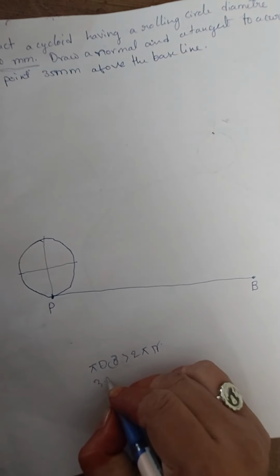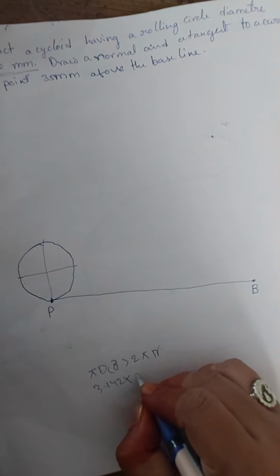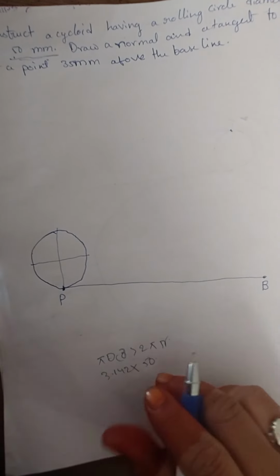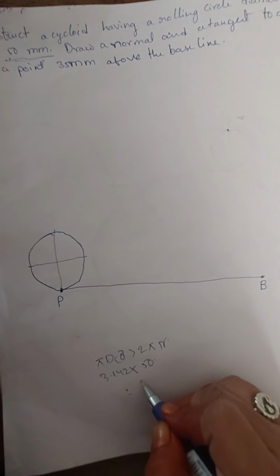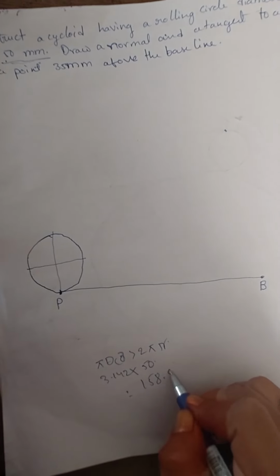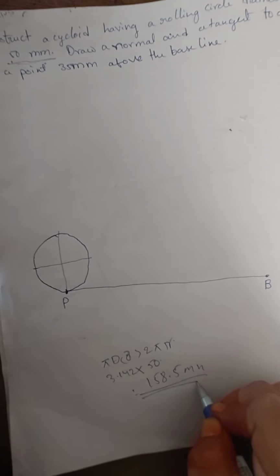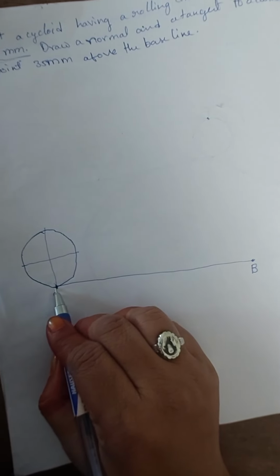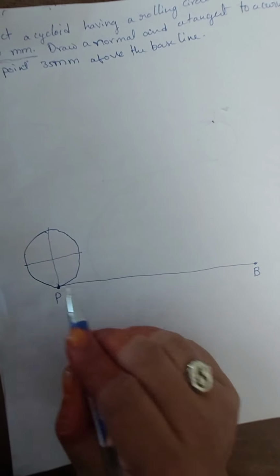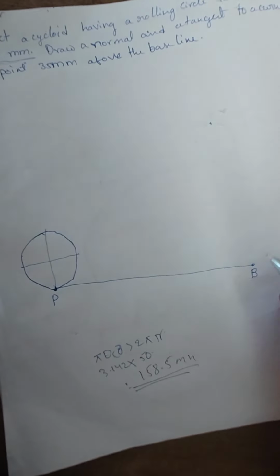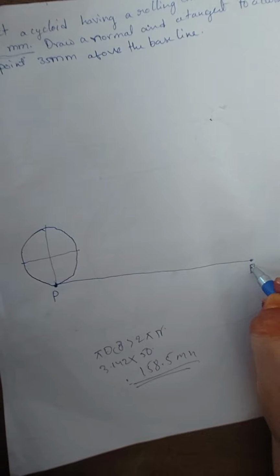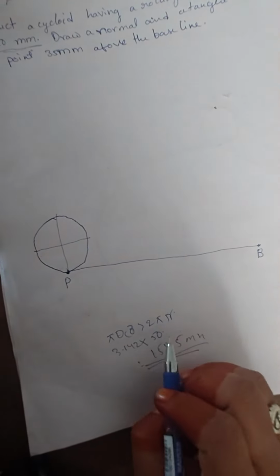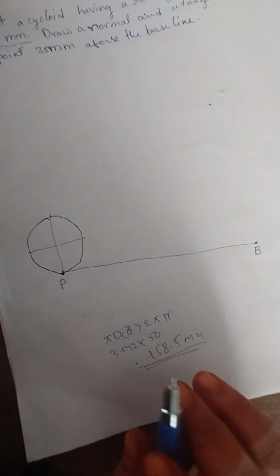So 3.142 into the diameter 50 mm. Find out the value. We'll get some value, like 158.5 something. So draw the tangential line, which is considered as the directing line, from point P to point B. The length of this straight line is equal to the circumference of the circle, which is equal to 158.5 mm.